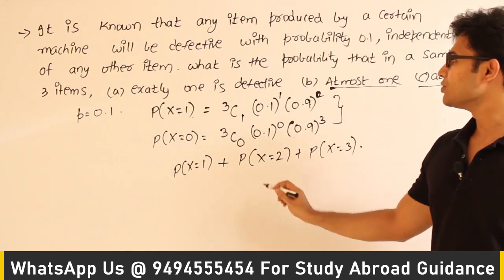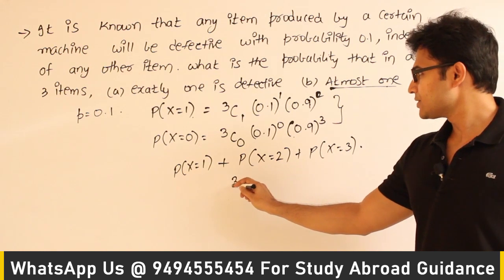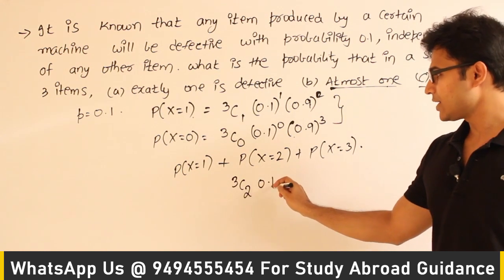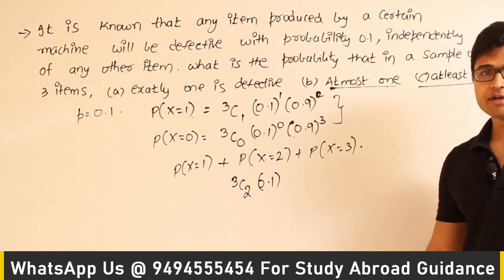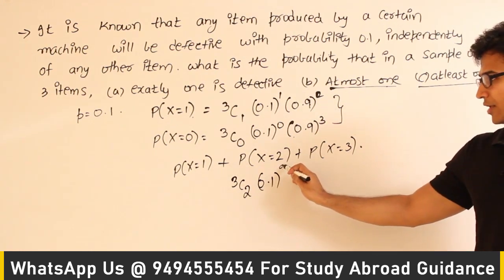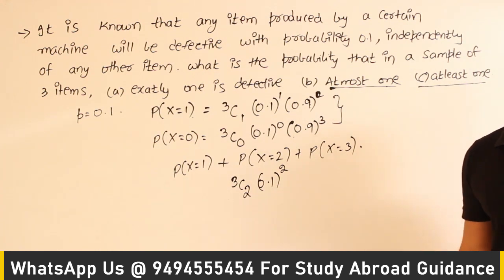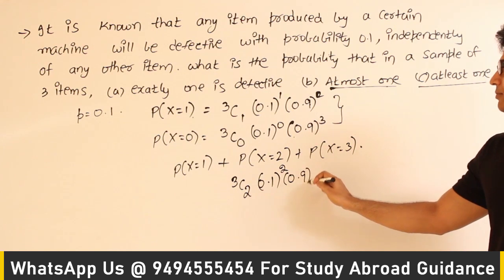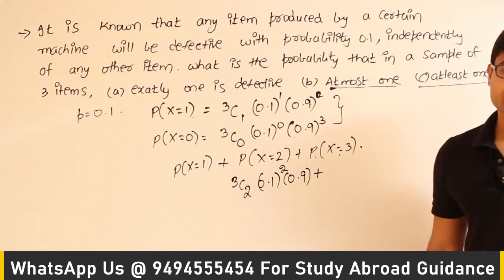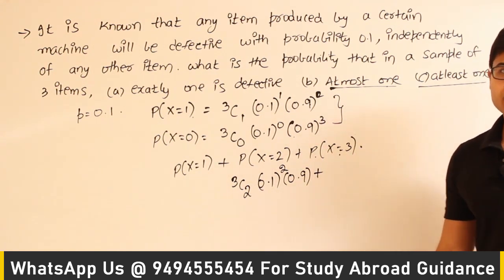What about X equal to 2? P of X equal to 2 is 3C2 into 0.1 power 2, since exactly 2 of them have to be defective, and one of them is non-defective, that is why 0.9. Plus P of X equal to 3, which is the probability that all 3 are defective.